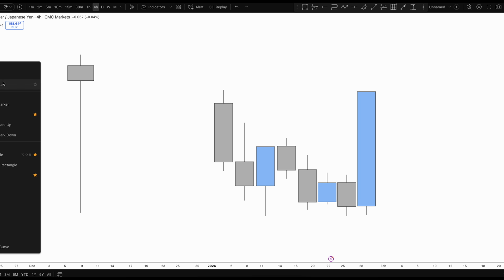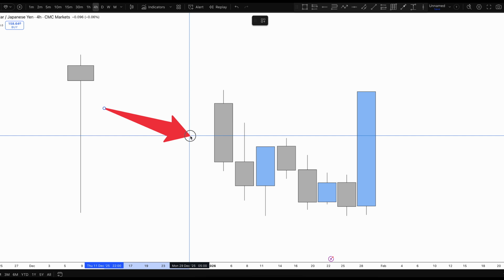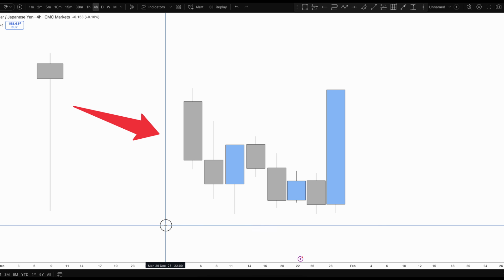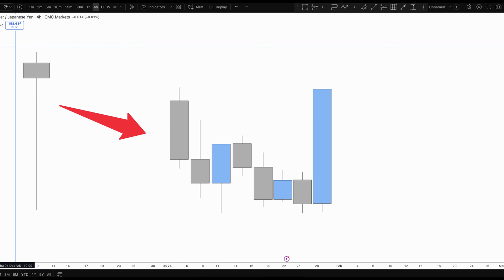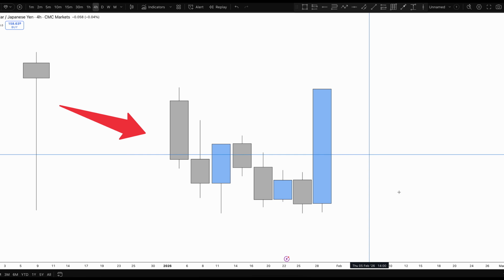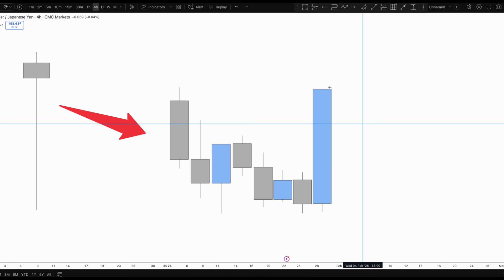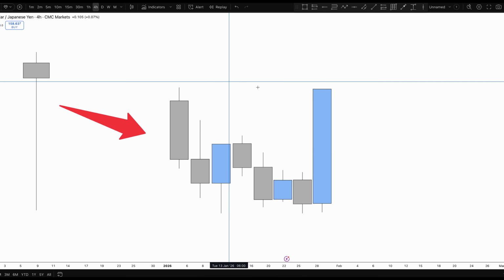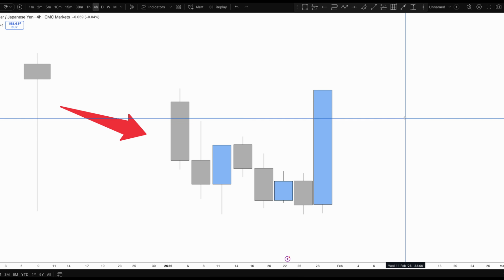In this class, we are going to elaborate upon this concept and talk about multi-candle momentum, which is where we start to utilize the individual candle information that we found in the first episode and draw that into how we actually look at larger contextual pieces of price action to determine who is in control.